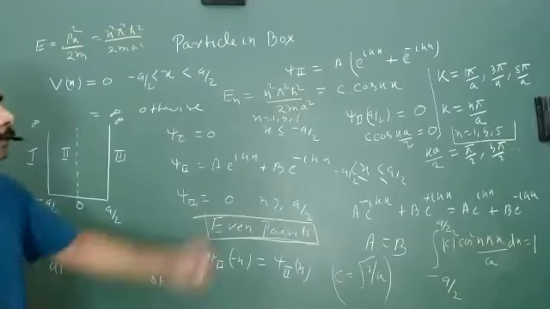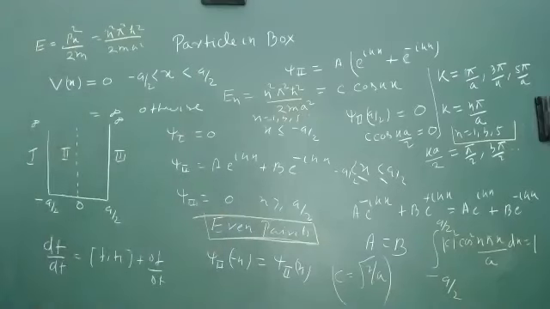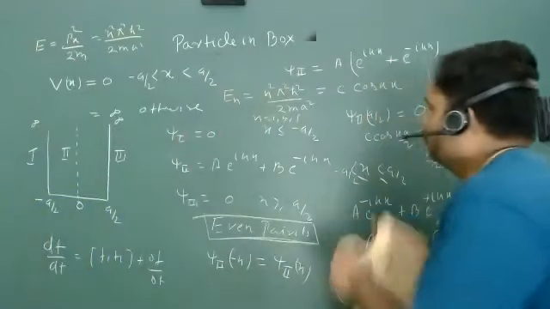Okay, so this is the story of even parity. Let's try to figure out the story for odd parity. Then we will analyze the two things together, and it should be very interesting.